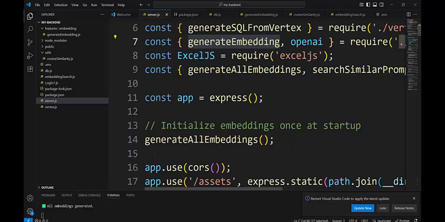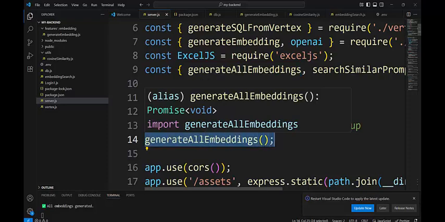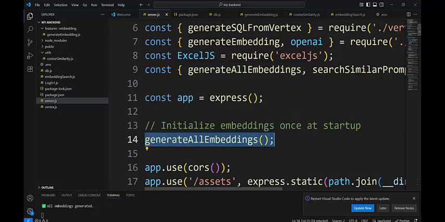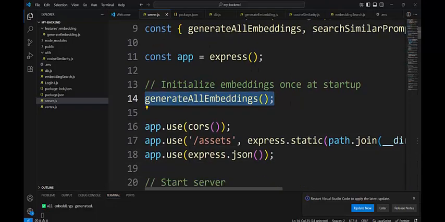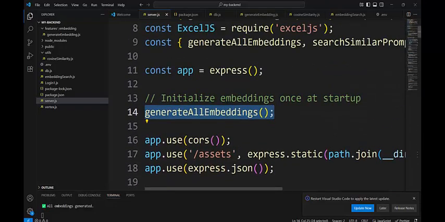You see, when a server starts, we generate all embeddings. Only on starting the server, we generate all embeddings, and they wait in memory as embedding vectors. They wait for what we search. This is calling the function generate all embeddings.